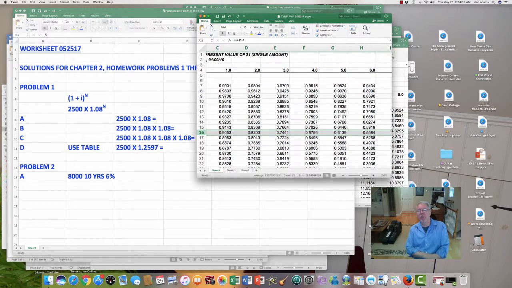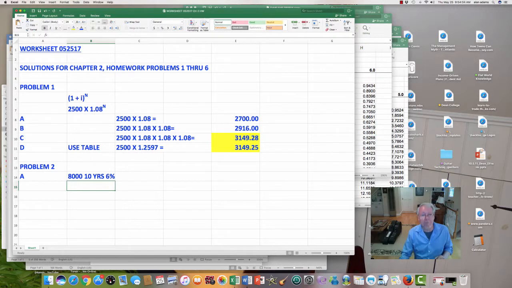These numbers in table 2 will always be less than 1 because we're looking at how much will grow to be $1. It's obviously going to be less than $1. So the number I want, 6%, 10 years, is 0.5584.